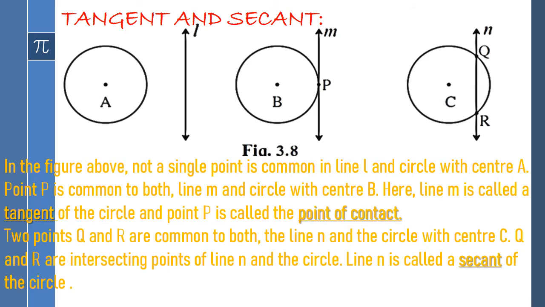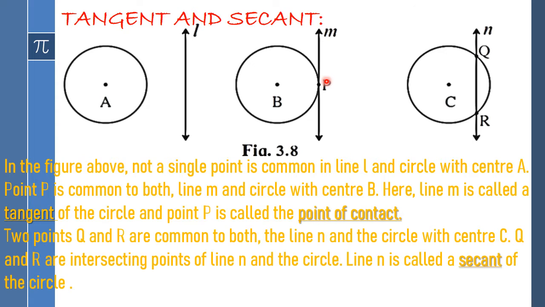If you see in the first figure, there is not even a single point common to this circle with center A and line L. They are apart and not connected. But if you see the second diagram, here you have a circle with center B and a line M, and there is one single point which is common to both the circle as well as the line.